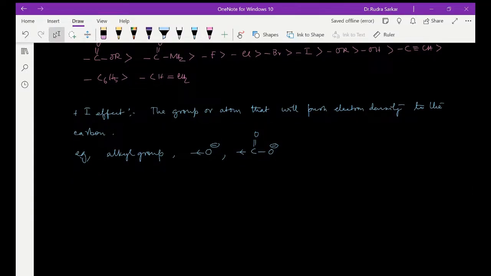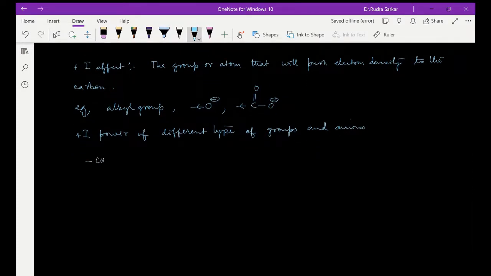So, if we compare the plus I power of groups and anions, then one can say that CH2 minus will be having more plus I effect than NH minus, then O minus, followed by CO2 minus, and followed by the tertiary alkyl group.